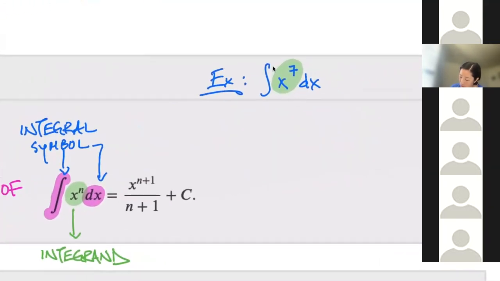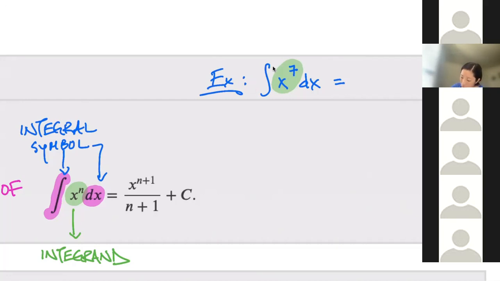And so let's think about this. If I have x to the 7th, what was the power of the original function? Okay, if I have x to the 7th as the derivative, what was the power of the original function? It was 8, okay? And look at this.